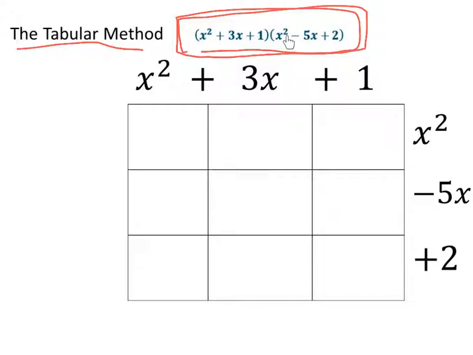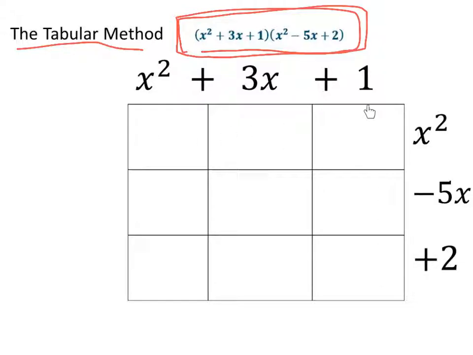The same thing here. There are no missing terms in either of the factors. So we are set. It's going to be a 3 by 3 table, so you have 3 rows and 3 columns.